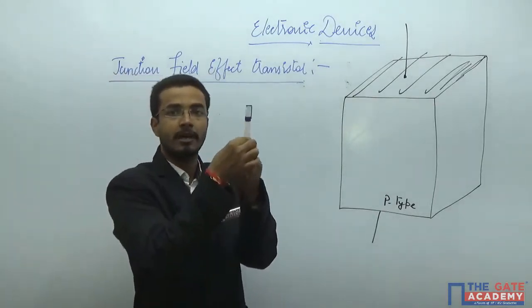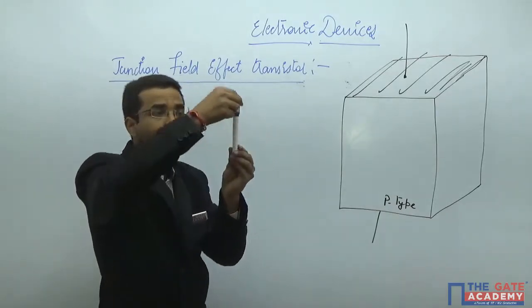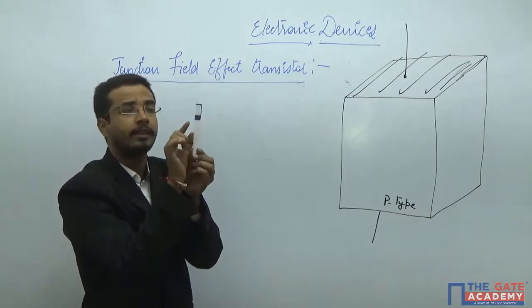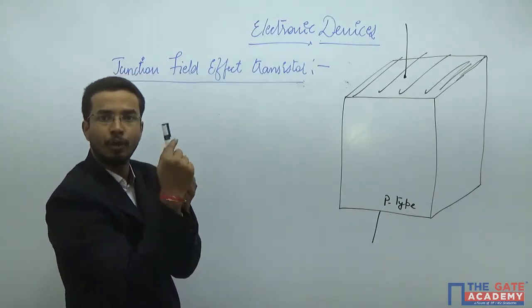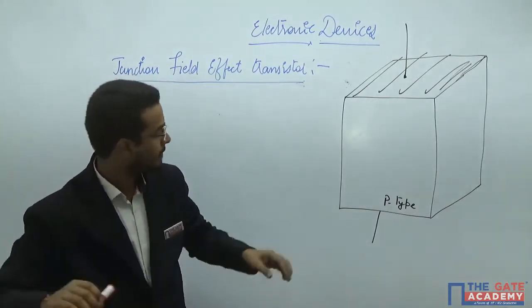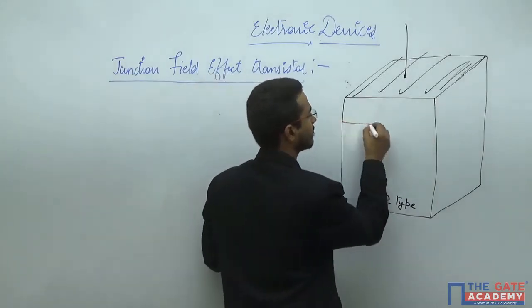If this entire body is your substrate, then this ring of blue color, like this, you will dope with another type of impurity. If it is a P-type semiconductor, you will dope this entire region.